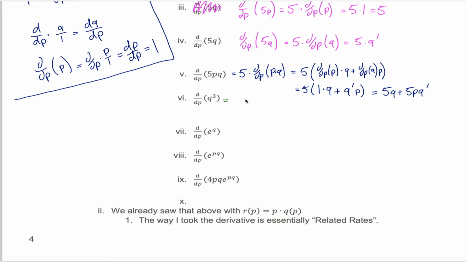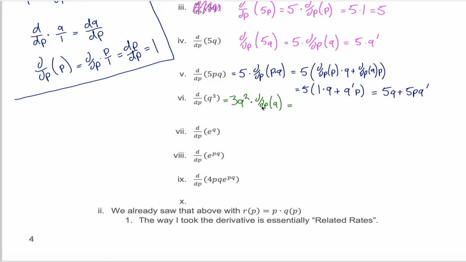Using the chain rule, we first take care of that raised up to the third power stuff, completely leaving this stuff alone. Don't touch the q. The derivative of something to the third power is 3 times that something squared. But then you're not done. You still have to multiply that by the derivative of that something, q in this case. So I get 3q squared times whatever the derivative with respect to p of q is equal to.